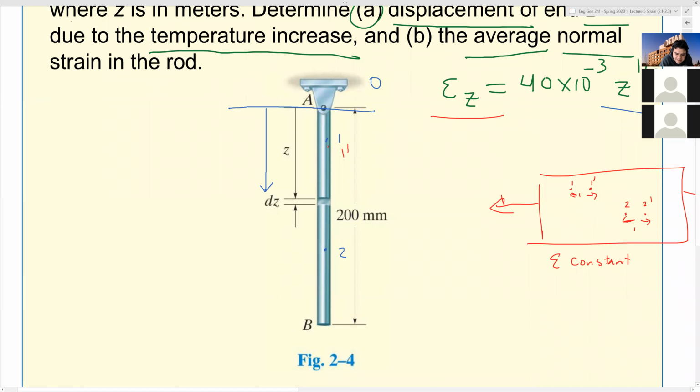It's not going to be the same amount of distance. So maybe 2 went down a little bit further. Does that make sense? Why? Isn't z at a higher position? The distance z of 2 is greater than z of 1. And so if z of 2 is greater than z of 1, you plug it into this function, then the strain at that point is greater.